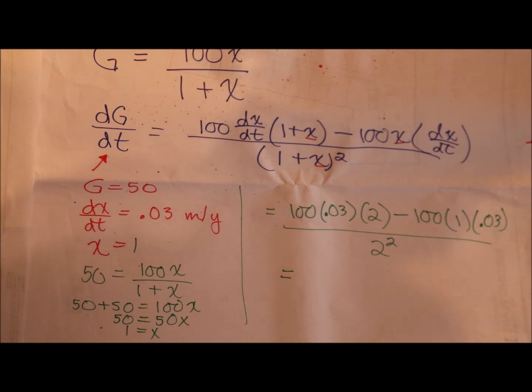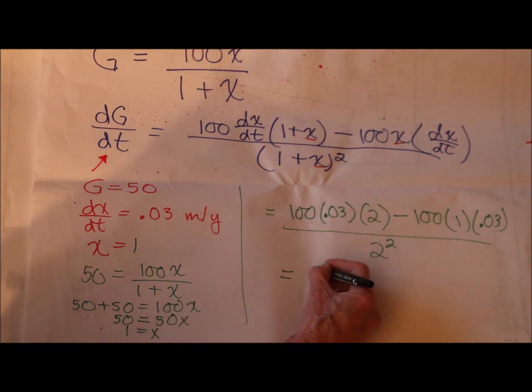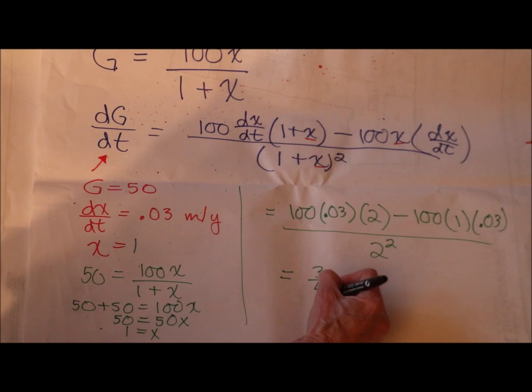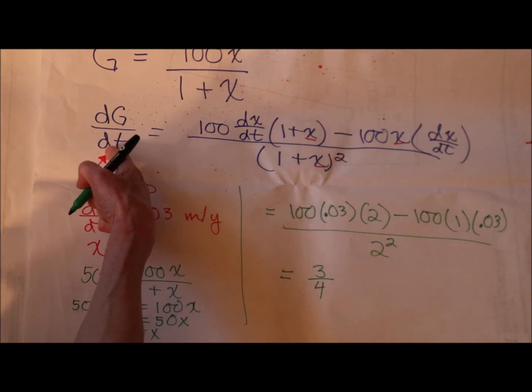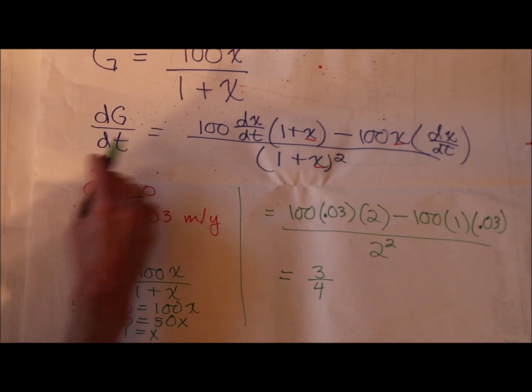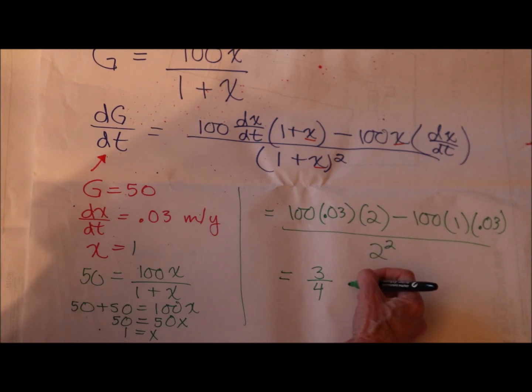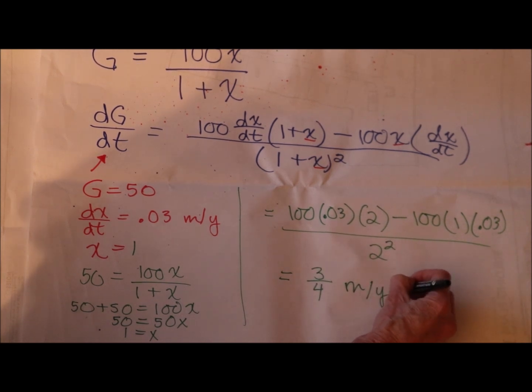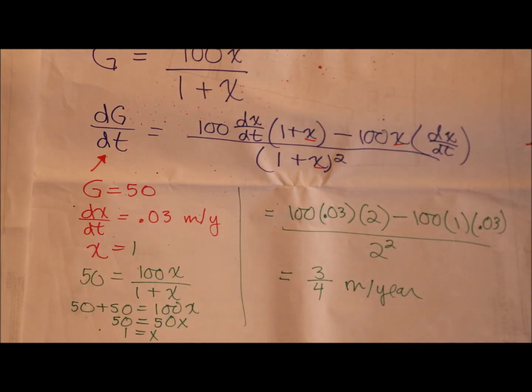But either way, it's fine. If you stick this in your calculator, you should get 3/4. Okay? So at this moment, when the tree is 50 meters high, the height of the tree is growing 3/4 of a meter per year. Pretty cool.